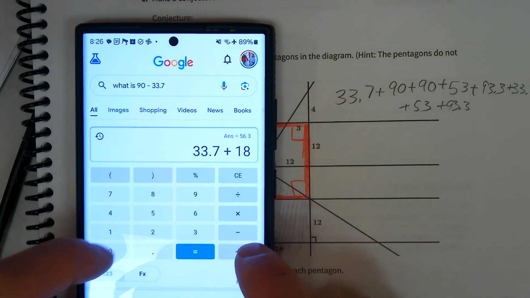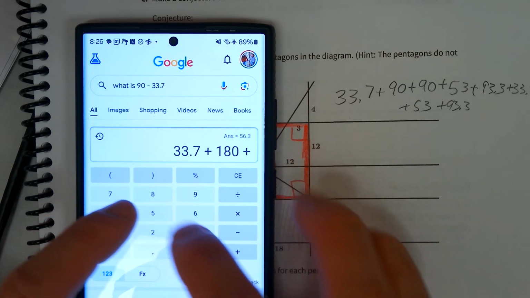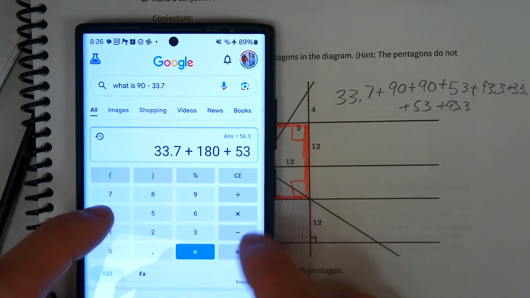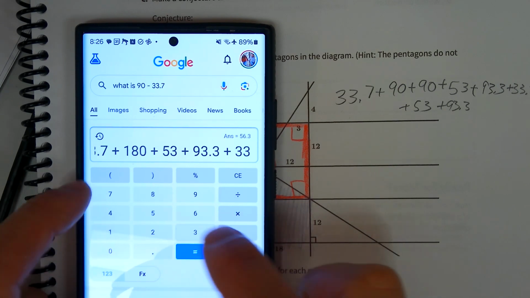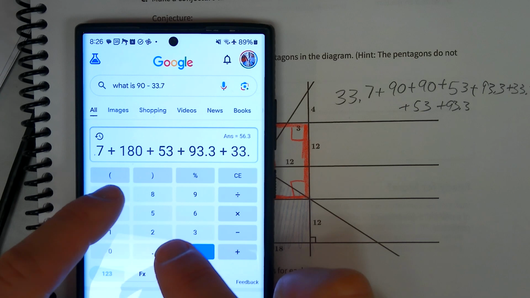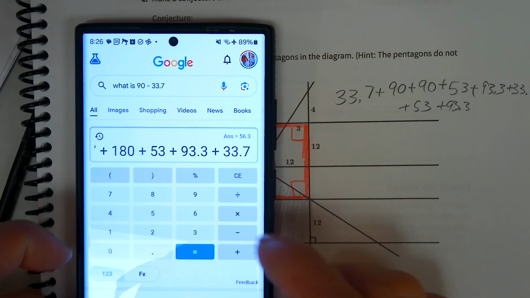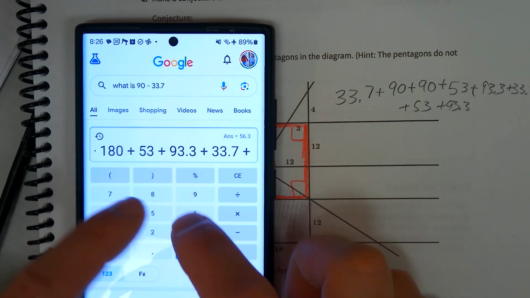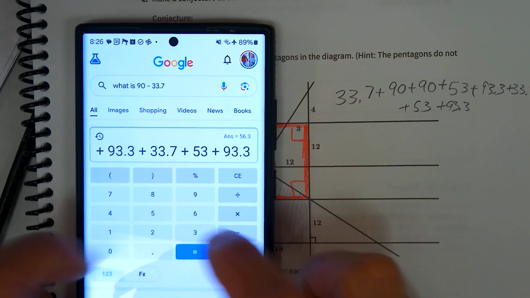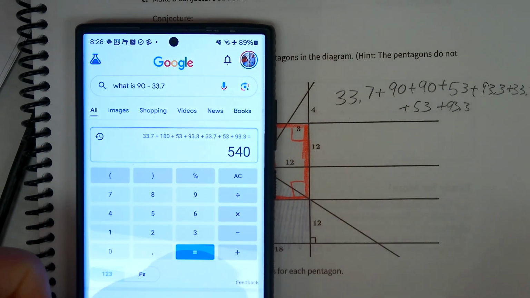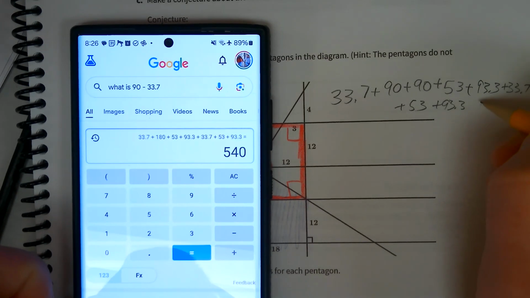I'm gonna do the 190 plus 90 in my head. Save some time. 540.